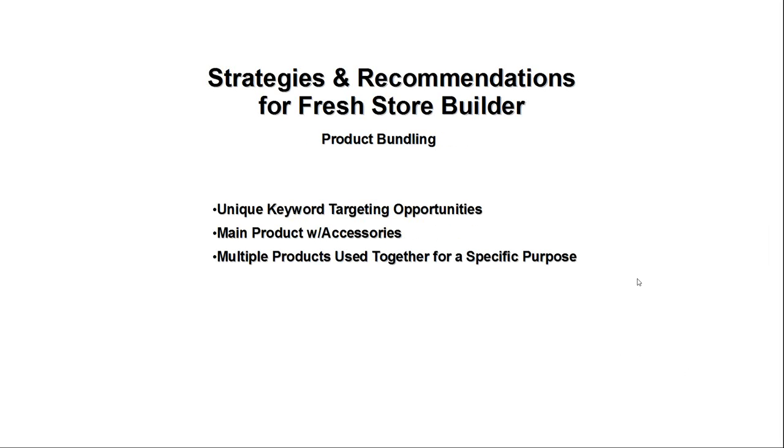Product bundling is a feature that is built into Fresh Store Builder, so you can take advantage of this with ease, but it also helps you to have a selection of unique keywords that you can go after that you might not ordinarily be able to target, or at least not in a way that truly makes a lot of sense. I want to show you some examples of this so you can see exactly what I am talking about here.